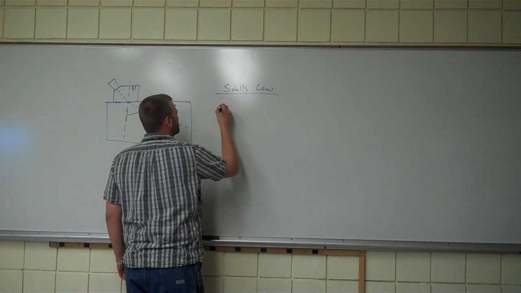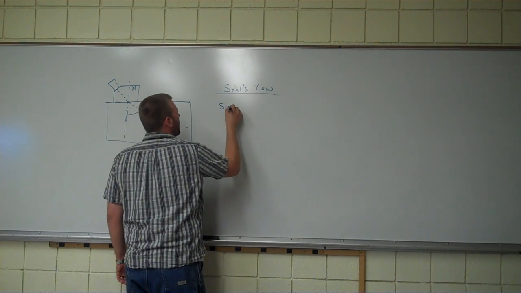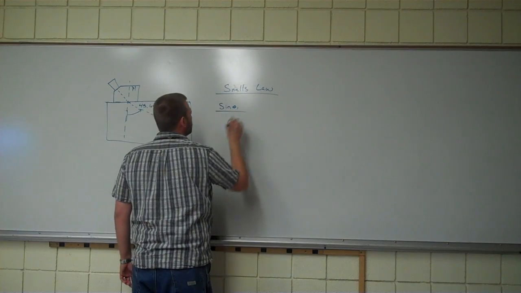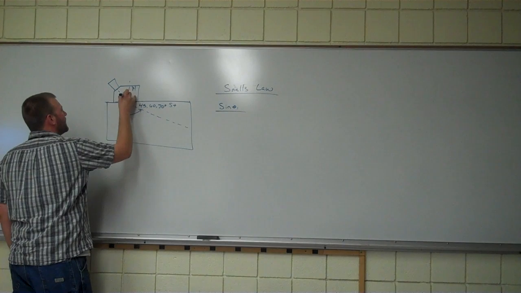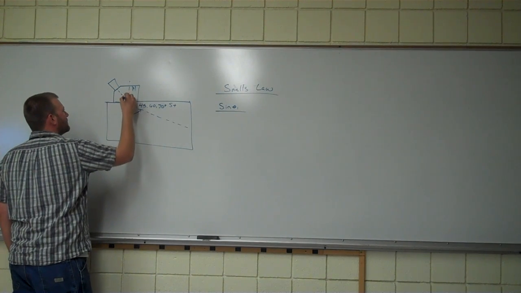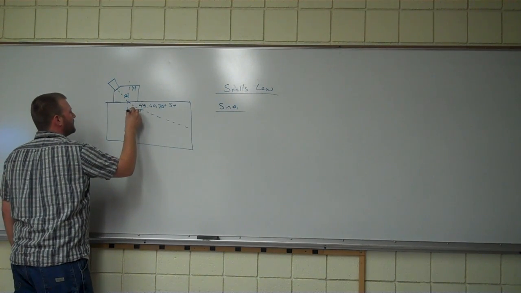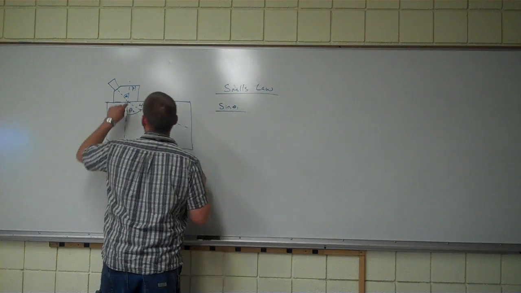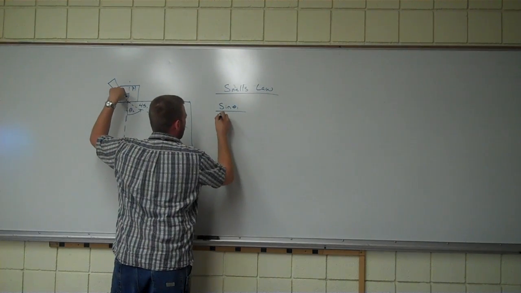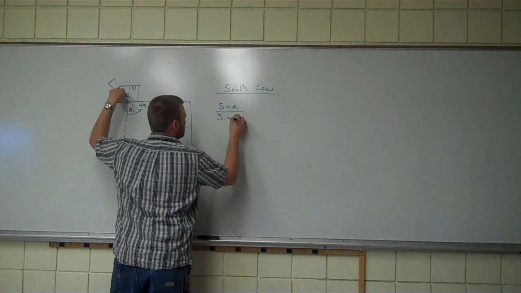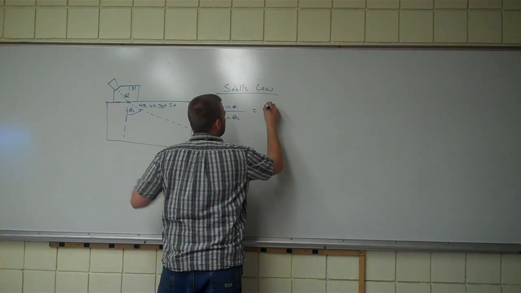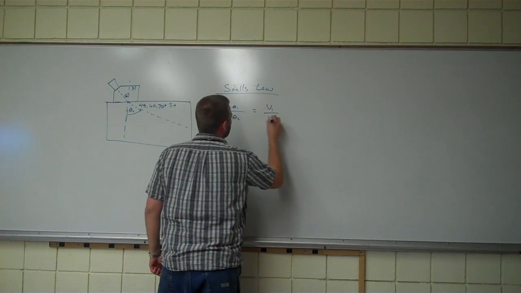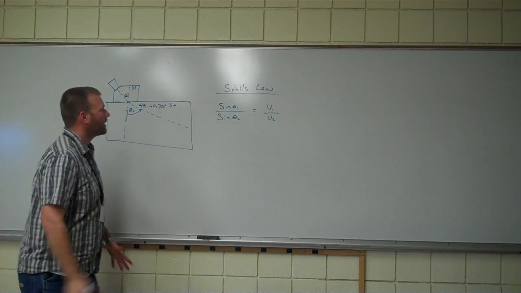Snell's Law tells us that if we take the sine of an angle, more than likely this angle right here, we'll call that angle 1, and this angle 2, and we have the sine of the measurement of each angle, we can take these two velocities and calculate any one of these just by cross multiplication.